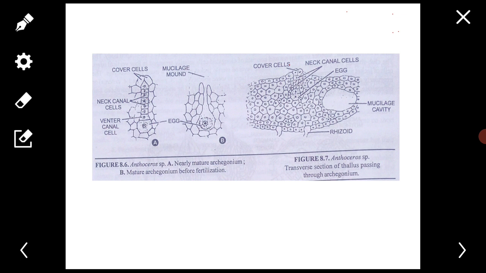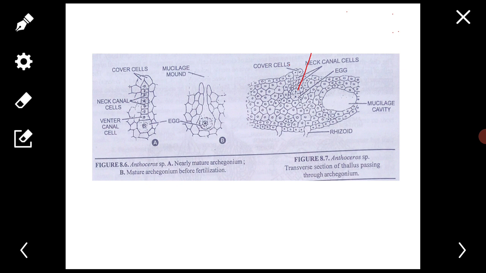Archegonia: the archegonia are embedded on the dorsal surface of the thallus, that is this, and the archegonia are arranged in acropetal succession. In this case, the archegonial chambers are absent.